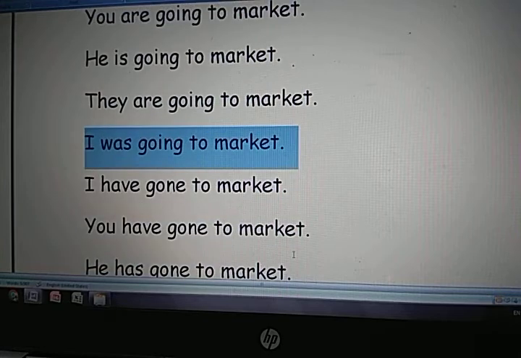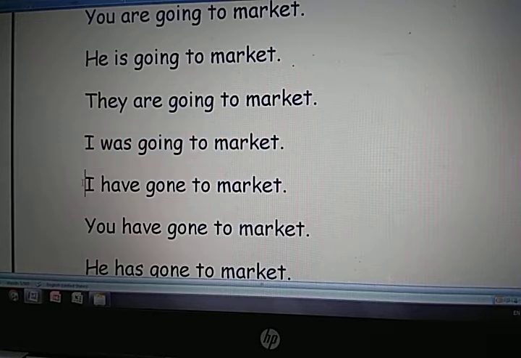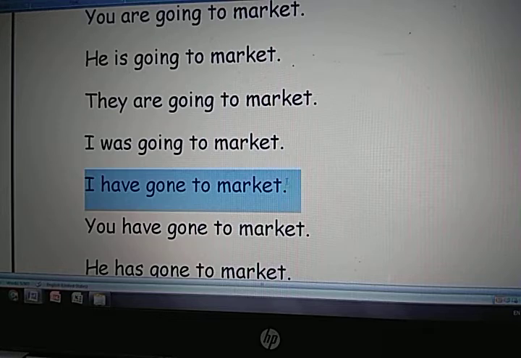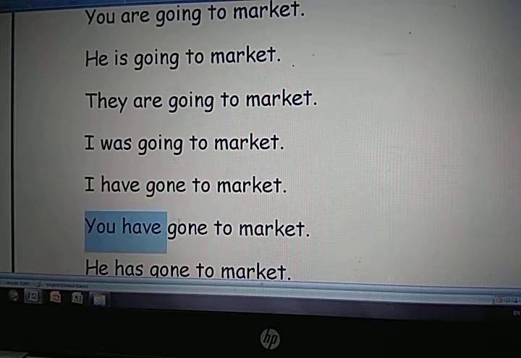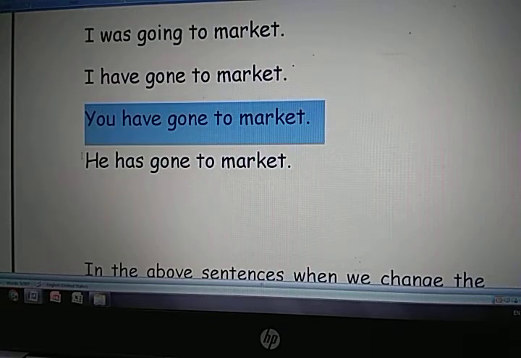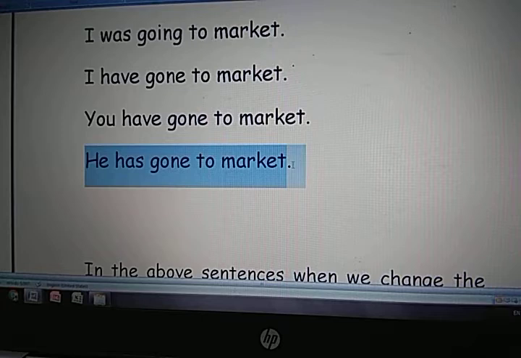Suppose I change this tense into present perfect tense. So what happens? I have gone to market. If you change the person, then you get you have gone to market. He has gone to market.